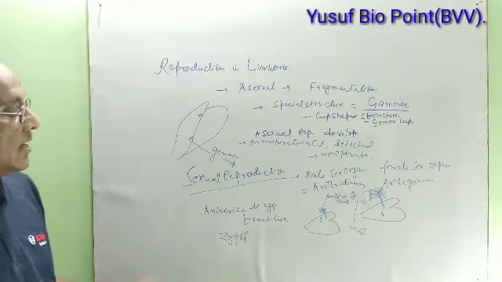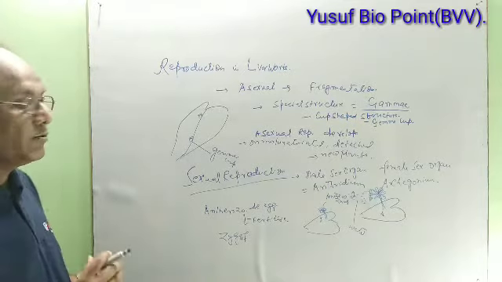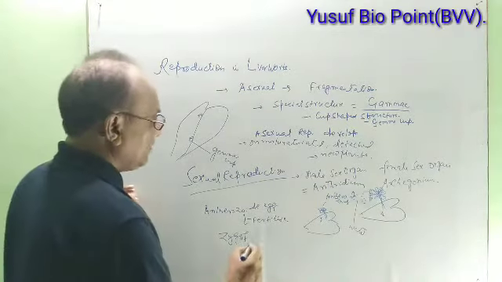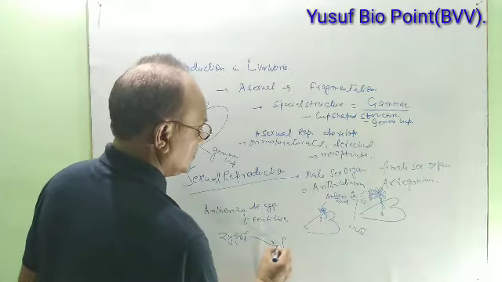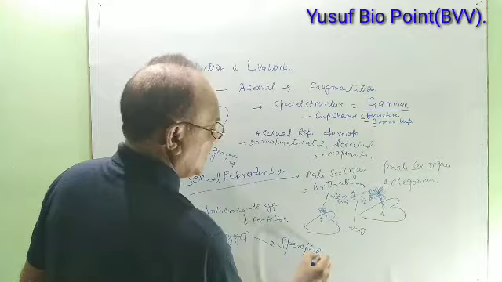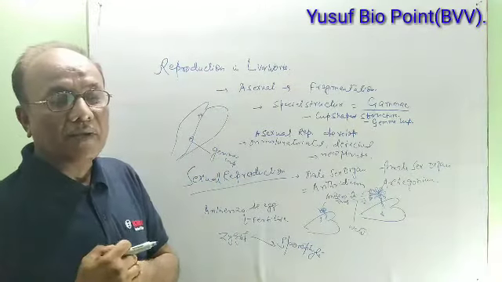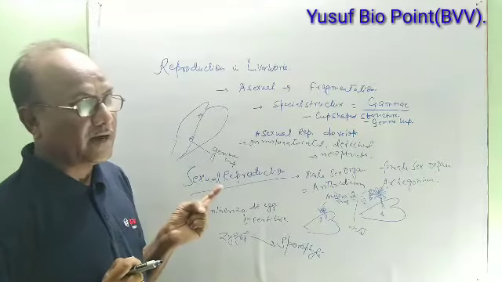Now the zygote does not undergo quick division, but it develops into the sporophyte, because we know that the main body of the bryophyte is the gametophyte.